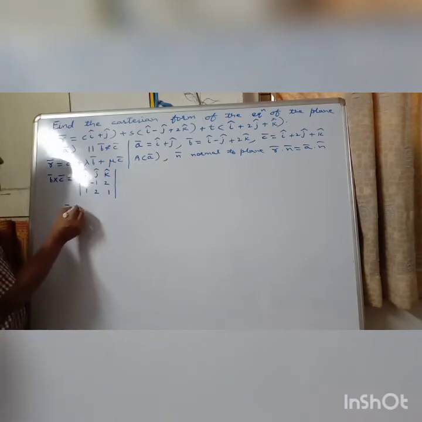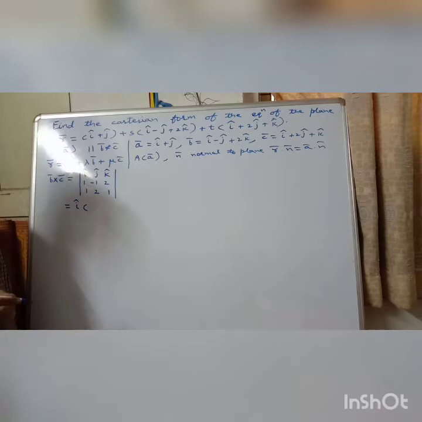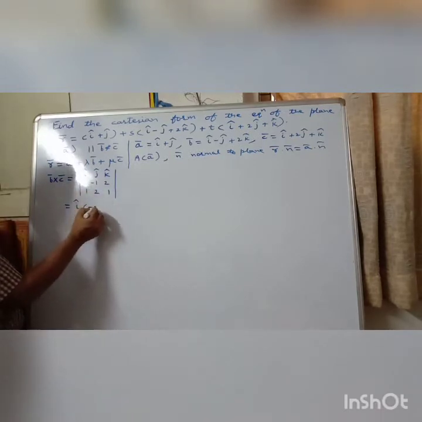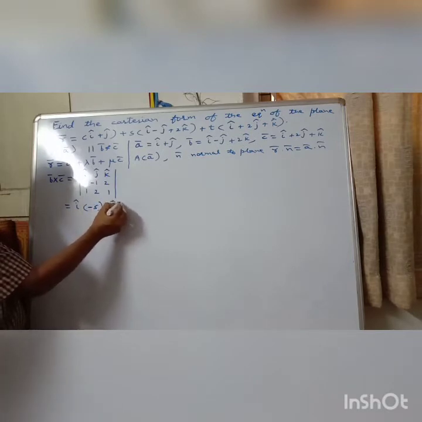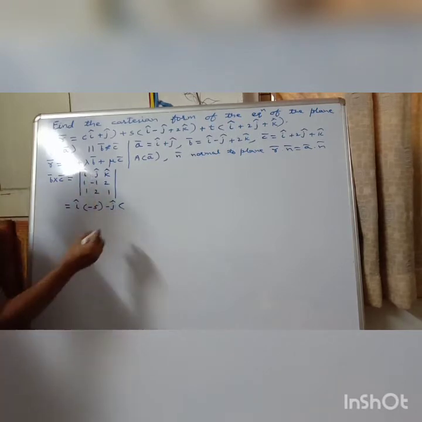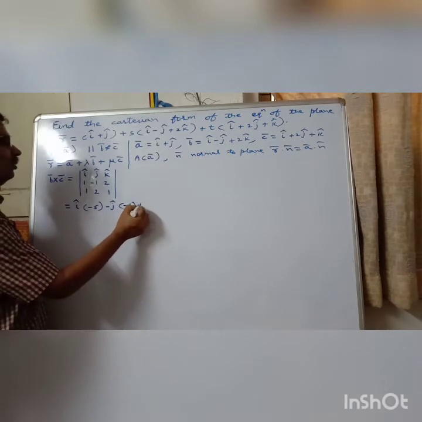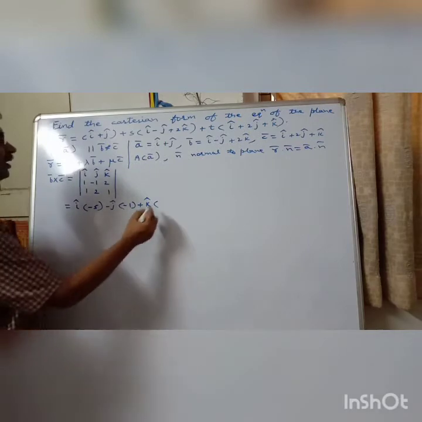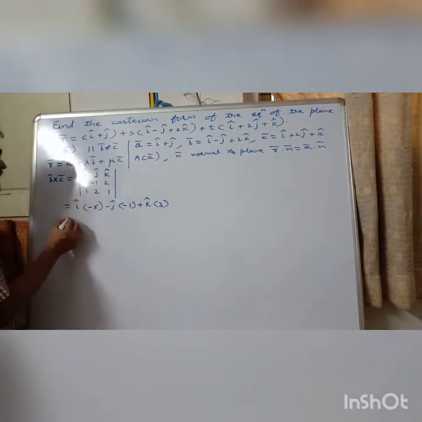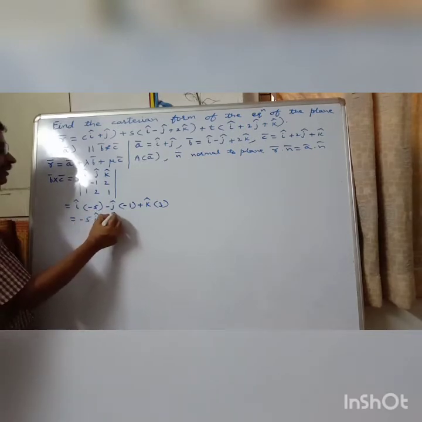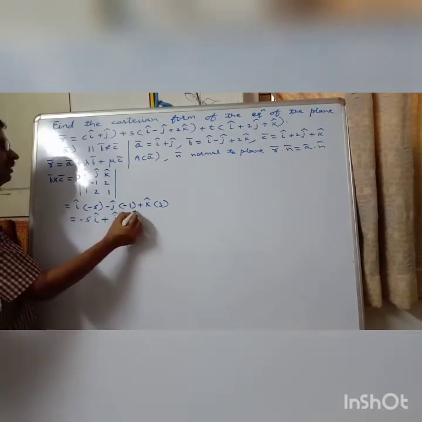Evaluate determinant: i in bracket -1 -4, that is -5, -j. Second element of first row we have to take with opposite sign. 1 - 2, that is -1, plus k cap in bracket 2 + 1, that is 3. So -5 i cap plus j cap plus 3 k cap.